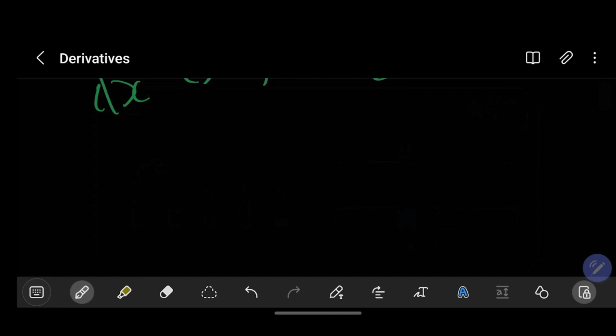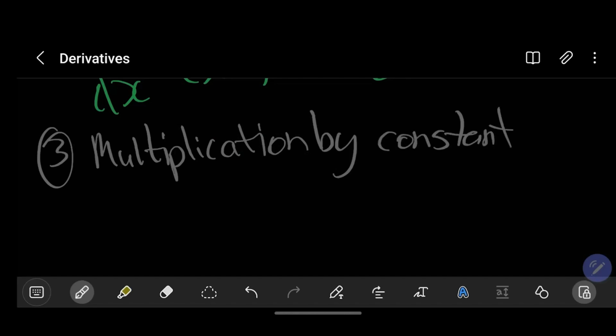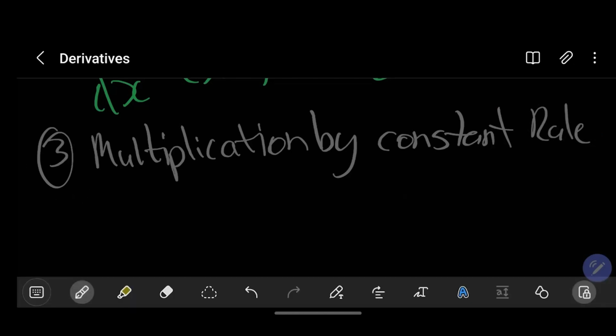So we're going to do the third rule, which is the multiplication by constant rule. Please don't mix this up. The very important word in here is constant, right?